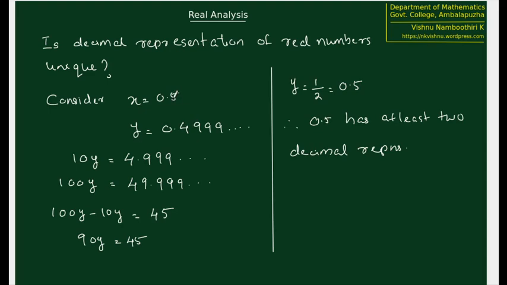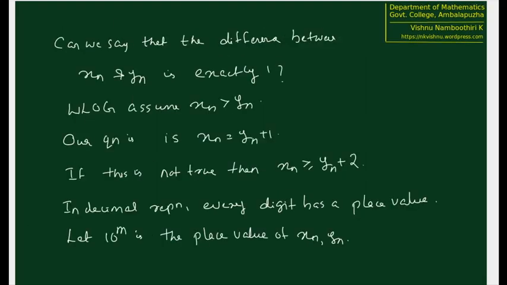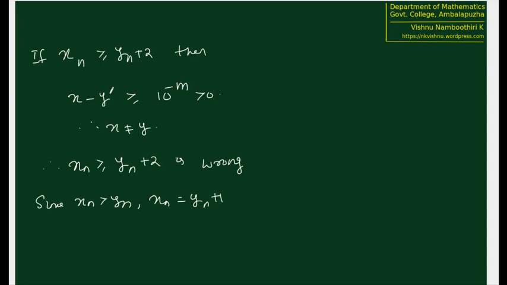Next question is, what about the remaining places? So we will initially ask, we have xn here, what about xn plus 1 and yn plus 1? This is the question now we have.